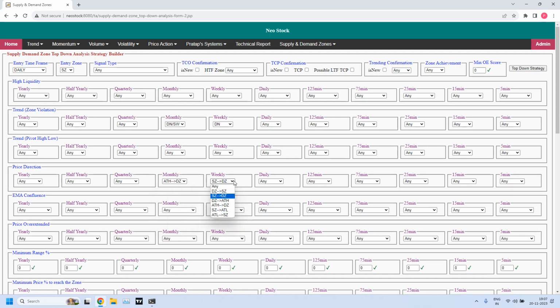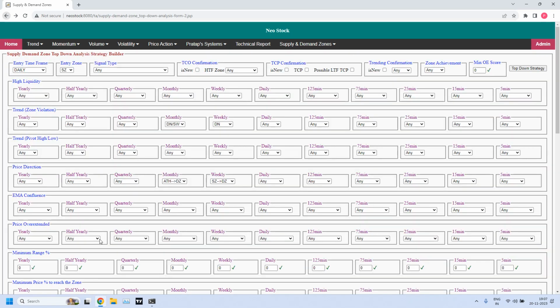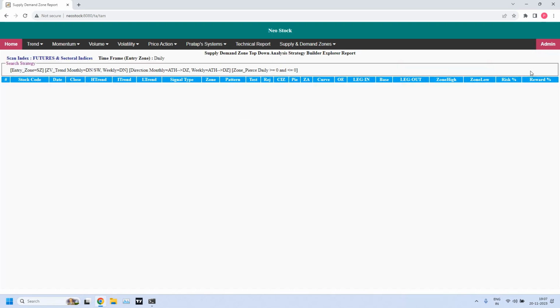And weekly also, assume supply zones are available in this condition. No stocks are available. Let us assume weekly also is from all-time high to demand zone. Now also not available. So we have only two bearish setup related stocks identified for the daily time frame.